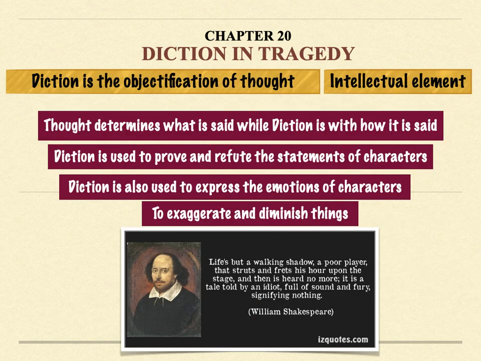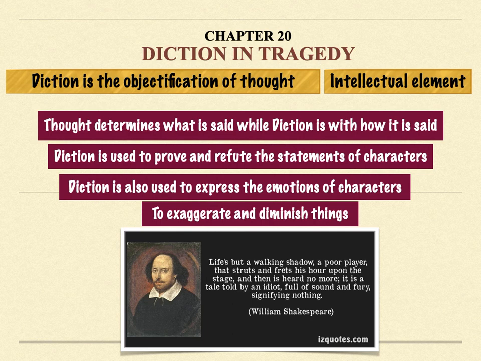The next one, that is in chapter 20, we come across diction. So, diction, as the name suggests, means words, and that is why we use the term dictionary for the book where we check the meaning of the words. So, it comes from the very same term, diction in tragedy. It is the objectification of thought because what the character thinks, the audience cannot know.